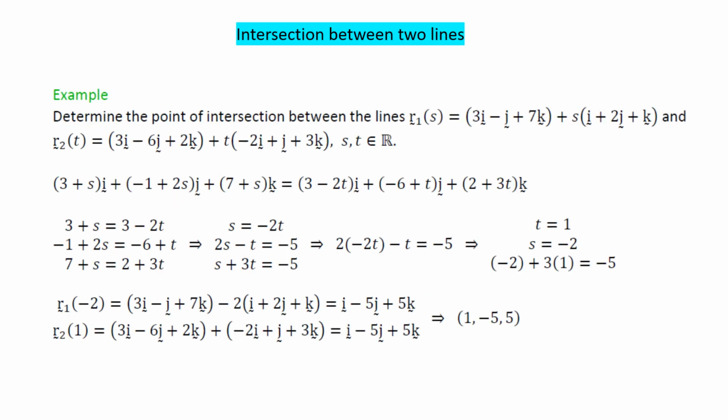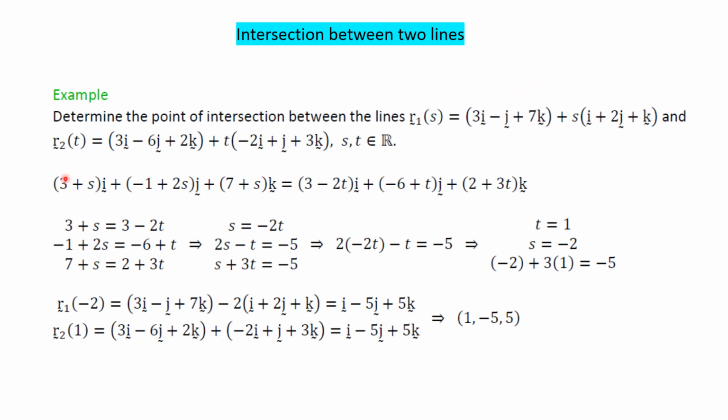Intersection between two lines, I think it's quite straightforward and intuitive here. So let's say you've got two vector equations given to you and you want to know at what point they intersect. So for R1, for example here, you would combine the i components, the j components, and the k components.